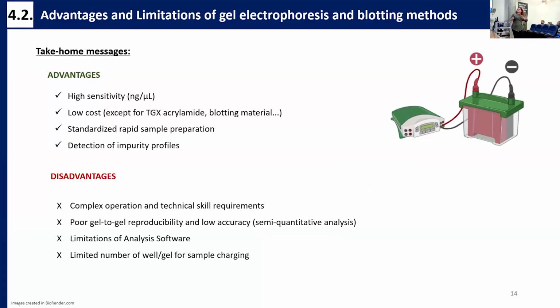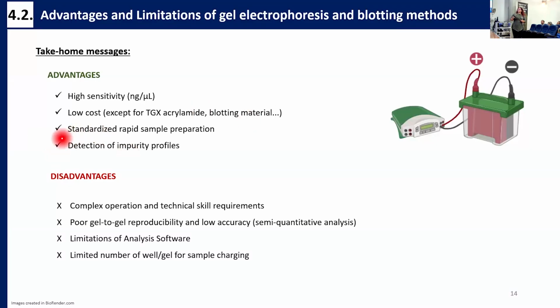So this method also has high sensitivity and lower cost than the HPLC method, except when we use this TGX acrylamide because it's very expensive, or when we work with blotting material because there we use antibodies.